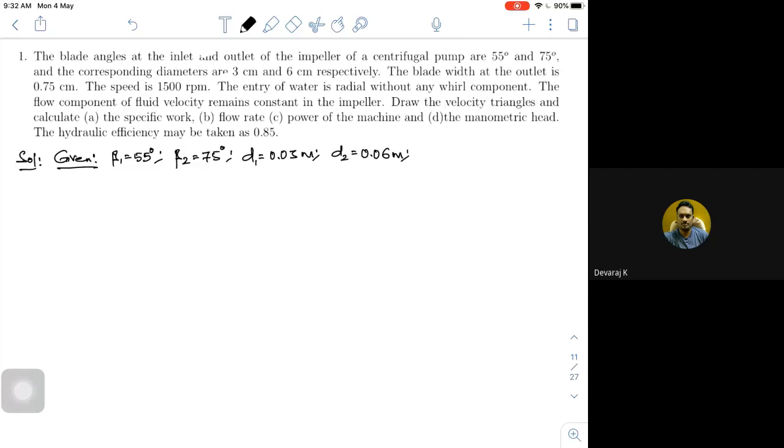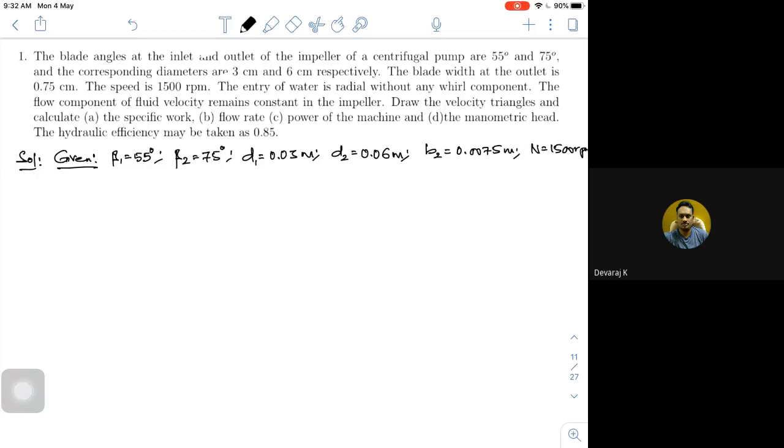And they have given the width at the exit, that is B2. We call it B1 at the inlet and B2. Let me take it as small b2, that's better. So it is b2, 0.75 centimeters, which means 0.0075 meters. And they have given the speed with which the pump rotates, which is 1500 rpm. And the flow enters radially.